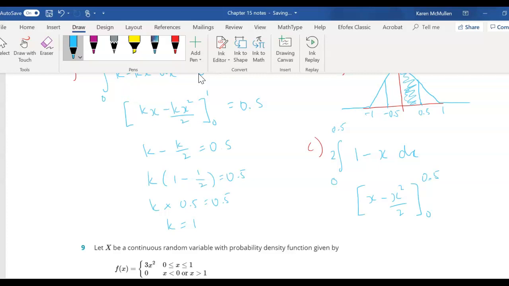Substituting in 0 is going to be 0. So I'm just going to substitute in a half. Now I prefer to work with fractions, so I'm going to just convert that decimal into a fraction. So we've got a half, then we've got a quarter divided by a half.